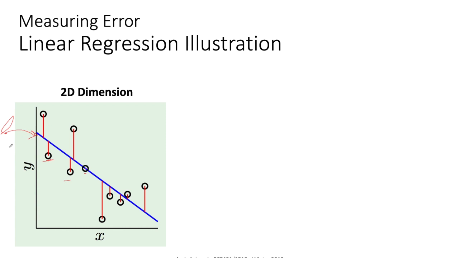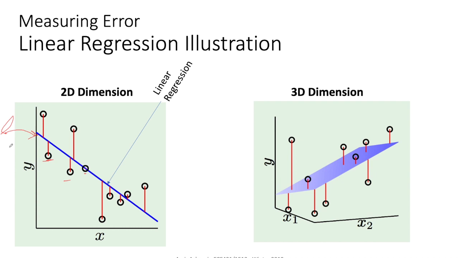If you go into a higher dimensional space, say 3D, your line would change to a plane. We call it a hyperplane. That's going to be the hyperplane of linear regression here in 3D space.